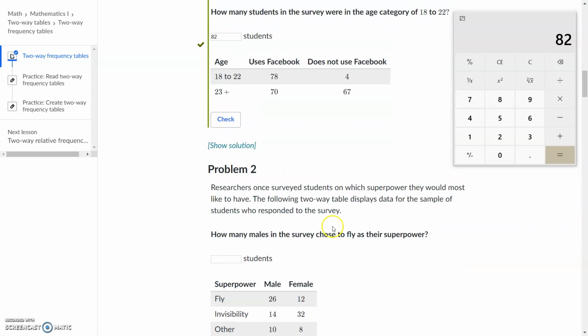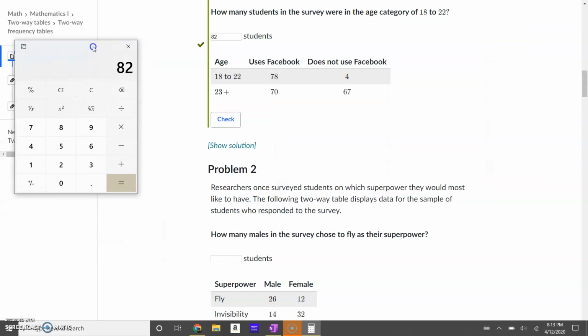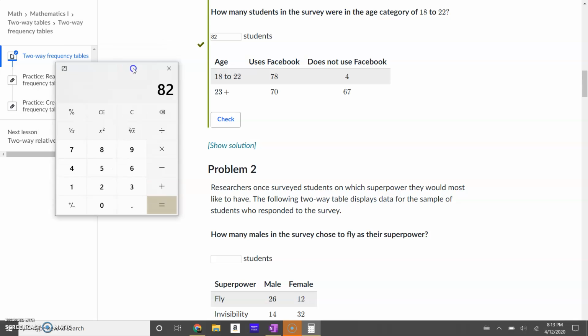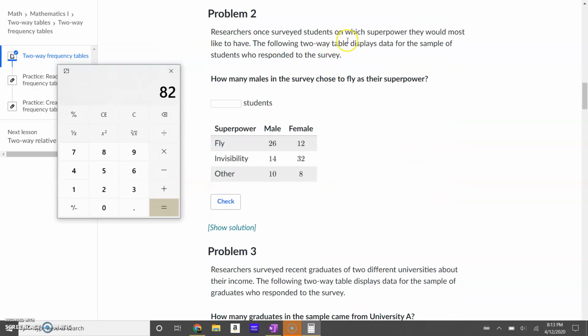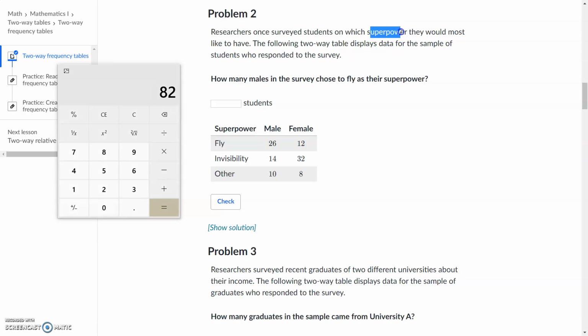All right, here goes another one. Let's move this over here so we can see the problem better. Here we go. Researchers once surveyed students on which superpower they would most like to have. Well, that's pretty exciting. What kind of superpower do you want? The following two-way table displays data for the sample of students who responded to the survey.